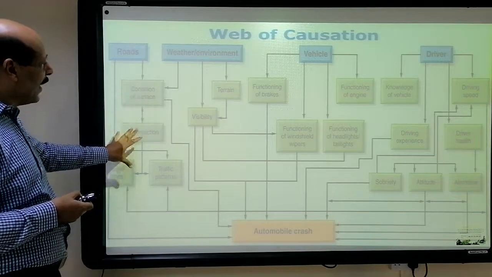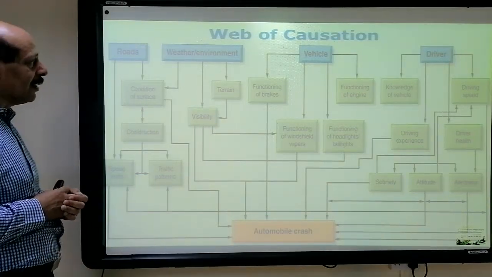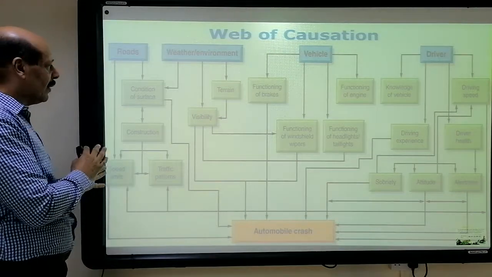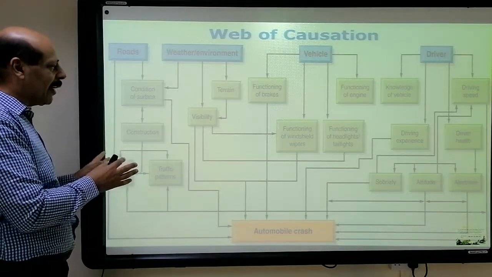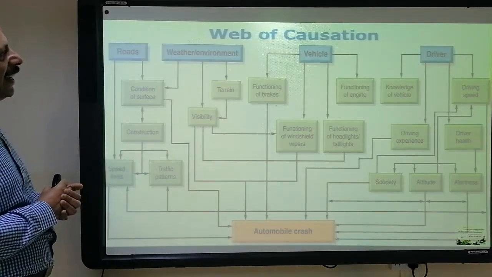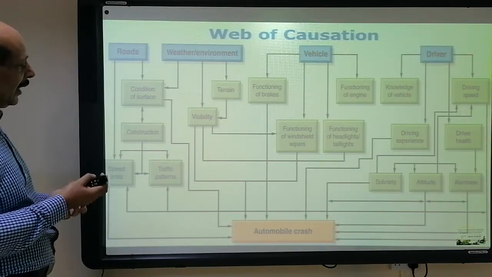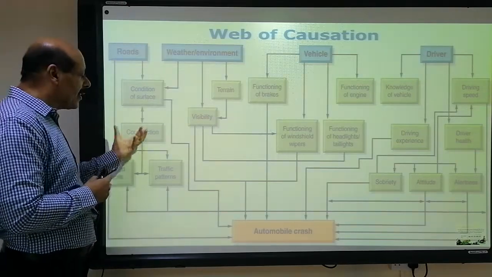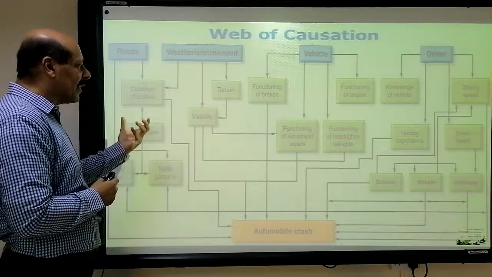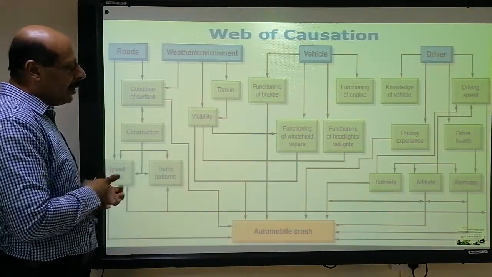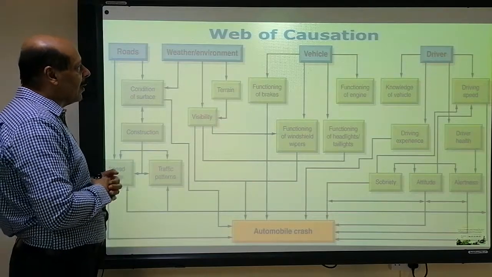All of these are preventive if they are constructed in the proper way, so they will minimize the number of automobile crashes. If it is not constructed in a proper way, it will lead to more automobile crashes.